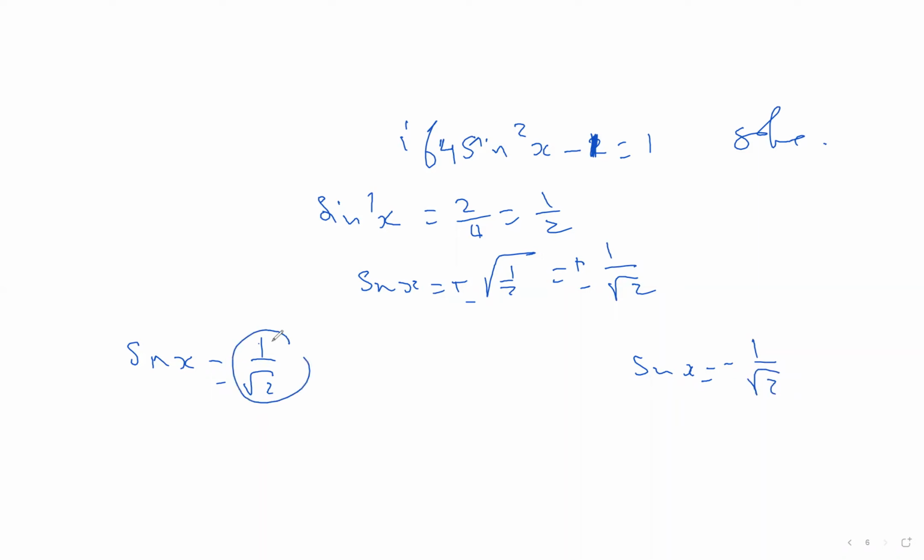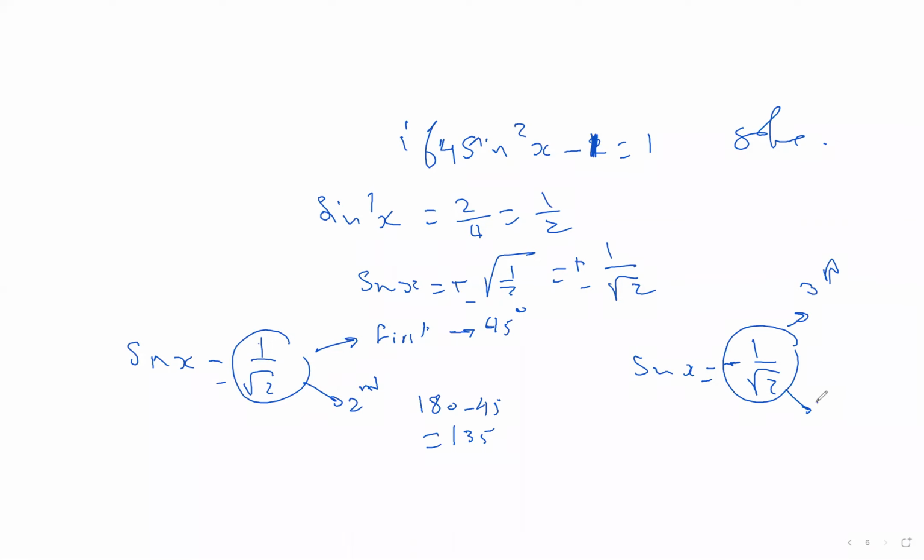This one is positive, so it lies in the first or second quadrant, because sine is positive in the first and in the second. In the first, the angle whose sine is 1 over root 2 is 45 degrees, and in the second it will be 180 minus 45, which is 135. The negative one will be in the third or in the fourth.